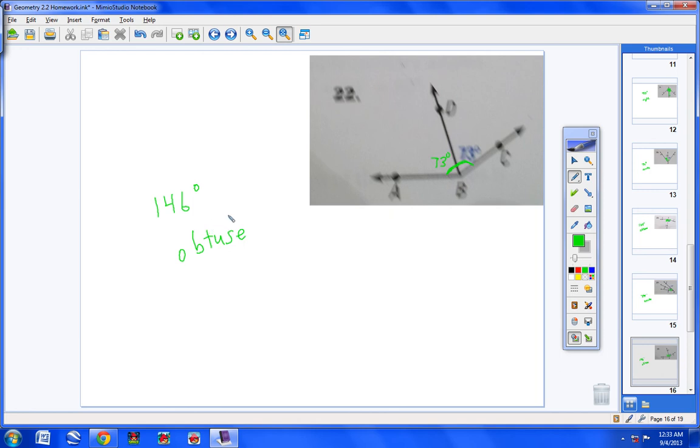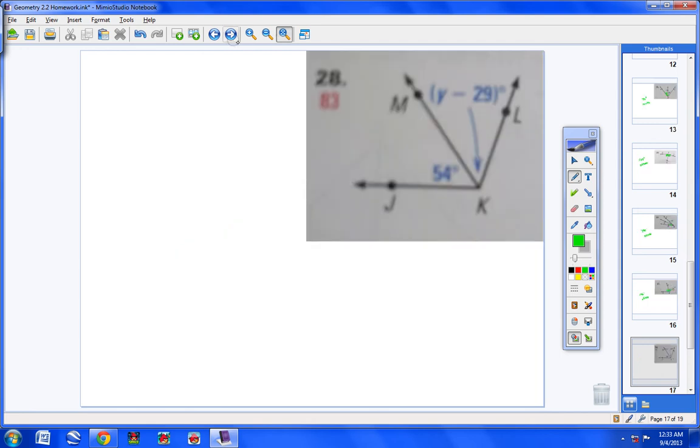Moving on to numbers 28 through 30, the last three, and we're finally done with the homework assignment. They want us to solve for the variable. Now, in the directions, they do tell you that MK is an angle bisector. That means MK is dividing this big angle into two equal angles. So we know this angle here is congruent to this angle here.